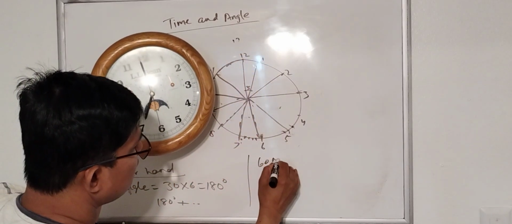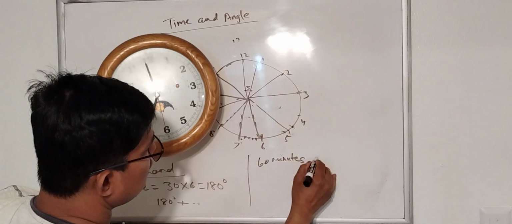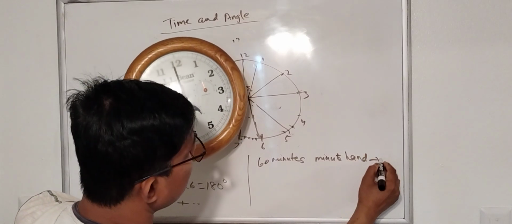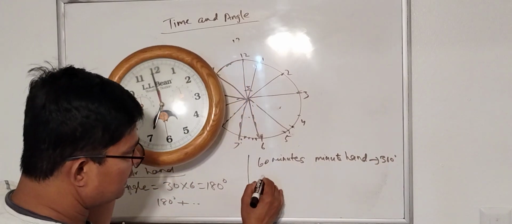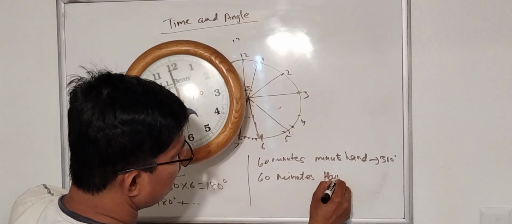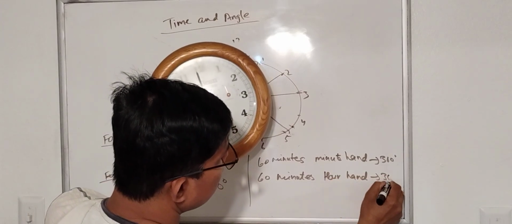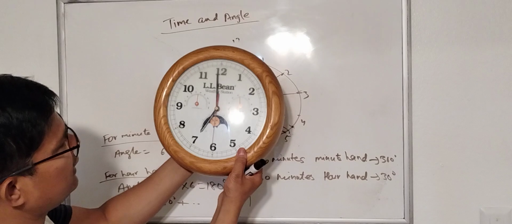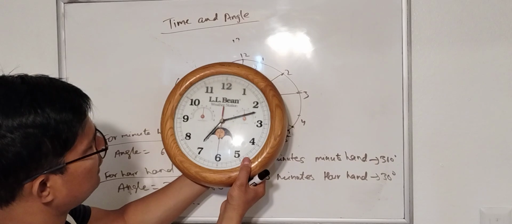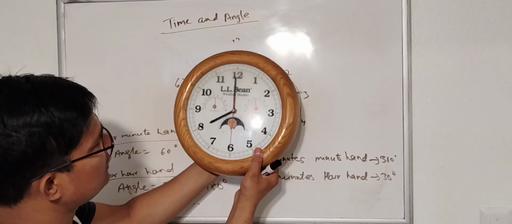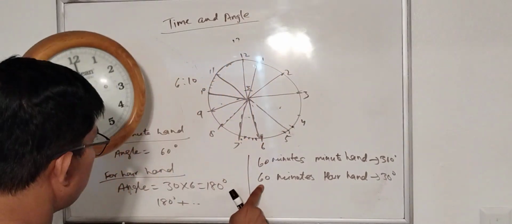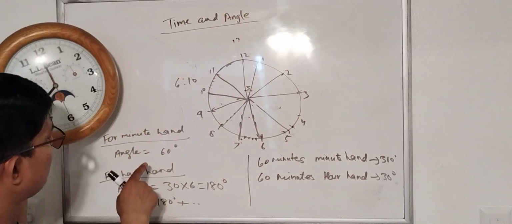In 60 minutes, the minute hand covers 360 degrees, but in 60 minutes, the hour hand covers only 30 degrees. You got it? Let's move it again. Let's say at 7 o'clock, in 60 minutes, the minute hand covered 360 degrees and the hour hand covered just 30 degrees.